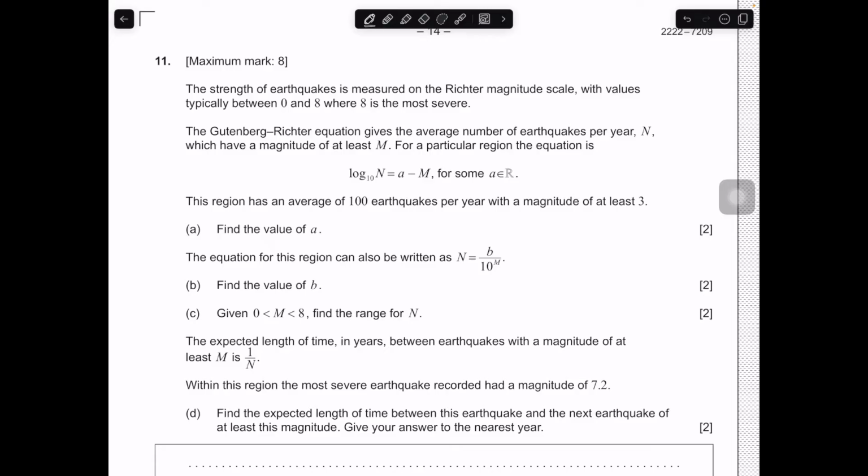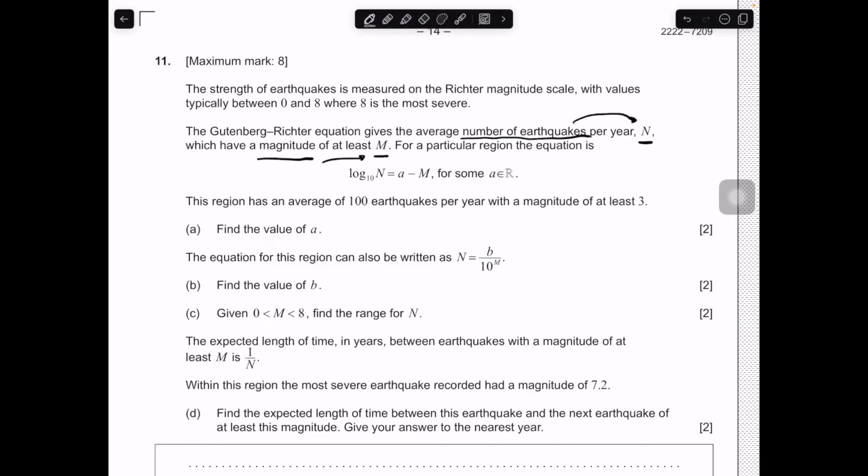The Gutenberg-Richter equation gives the average number of earthquakes per year, n, which have a magnitude of at least m. So the magnitude, this is the strength, is measured in m, and then the number of earthquakes per year is given by n.